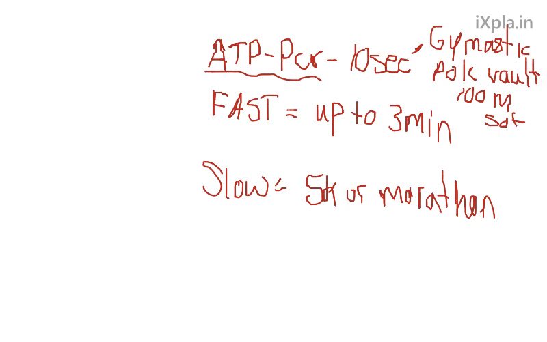That will be running a marathon, cycling, because you're cycling more than 3 minutes, swimming more than 3 minutes. Anything that relies on energy for a long period of time is aerobic. If it lasts up to 3 minutes, it's anaerobic. If you need energy for a split second or 10 seconds, it's the ATP-PCr system. Remember that.